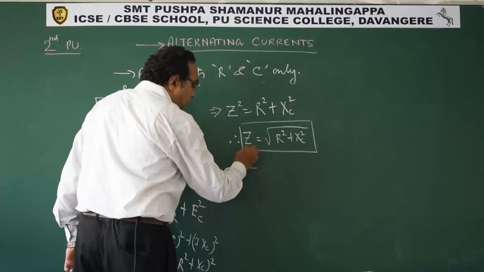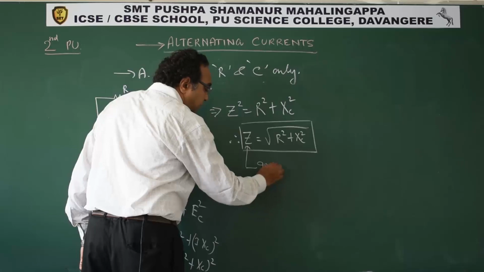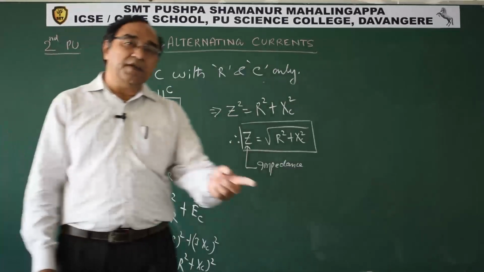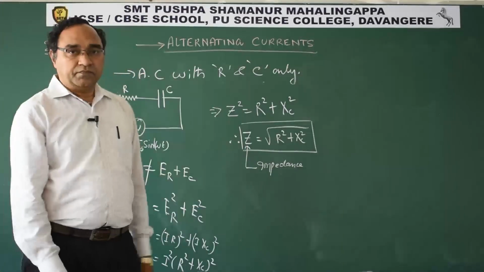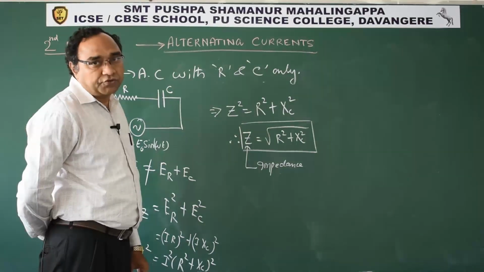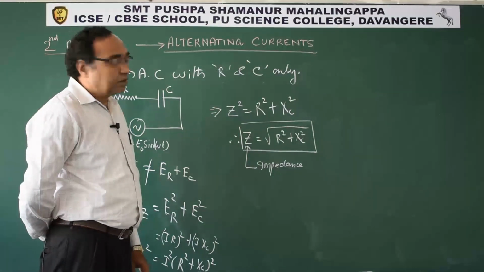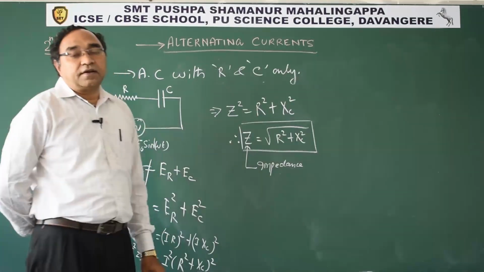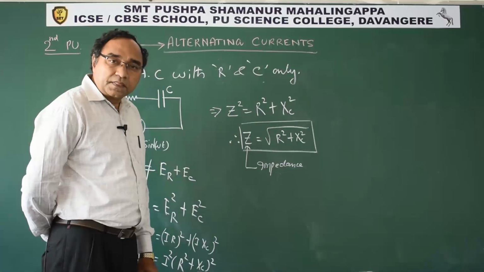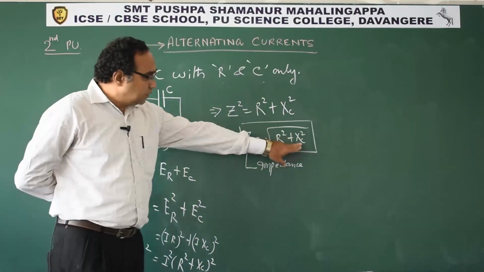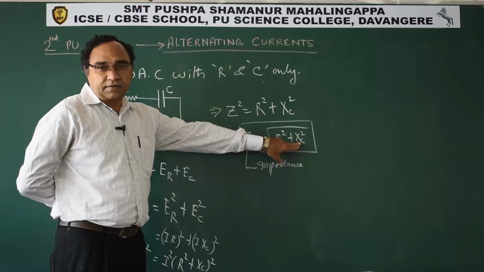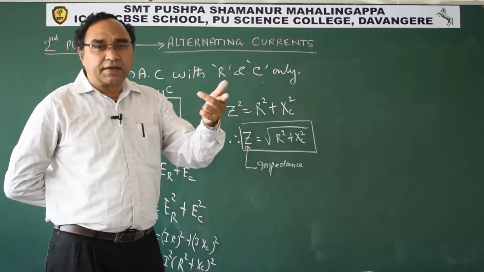Now Z is called impedance. Now what is the difference between impedance and reactance? This is also a part of your board question. Distinguish between impedance and reactance. If you have concentrated, you would have definitely come to know we are writing capacitive reactance, inductive reactance.